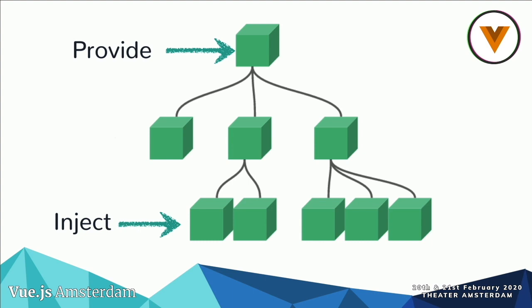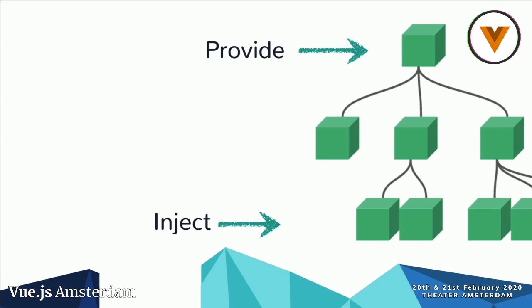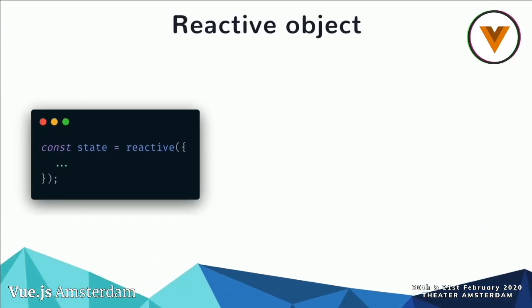So even if we put some kind of state in the root component, we cannot change this data, so there will be no reaction. Luckily, in Vue 3, we have a reactive helper, as well as in the Vue Composition API plugin, and it's also known in Vue 2.6 as Vue.observable. So we can simply create a reactive object, name it state.